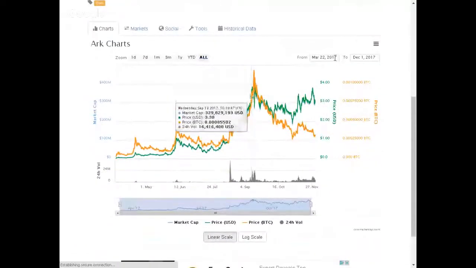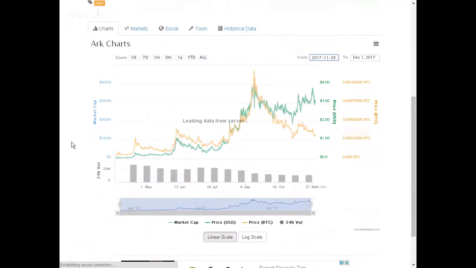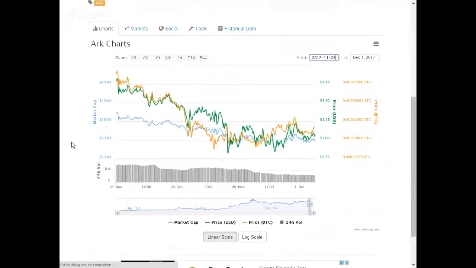All right, let's take a look at it since the 28th, the last 3 days. Well, it's starting to trend upwards. At least the Bitcoin value is starting to trend upwards.